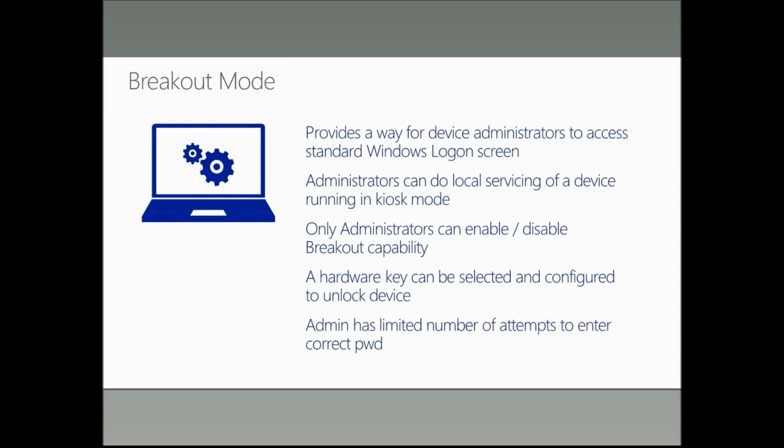Because everything is locked down, you may still want to have on-site access for an administrator to go into the desktop and do whatever maintenance they have to do. So we ensure that scenario through Breakout Mode, which is, by the way, a Windows 8.1 feature, not necessarily an embedded one. We just twist it a little bit so it's more usable in specialized devices.